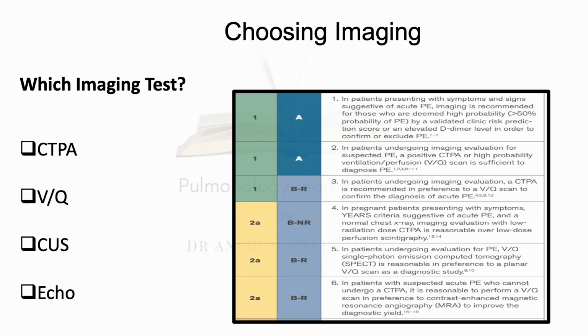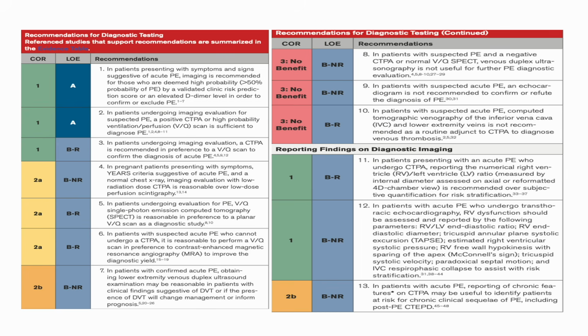And for that, the recommendations have given us a table with the levels of evidence and the grade of the recommendation. So, they have given us the options of CTPA, VQ scanning, compression ultrasound, with each of them being marked for what exactly would be preferred.